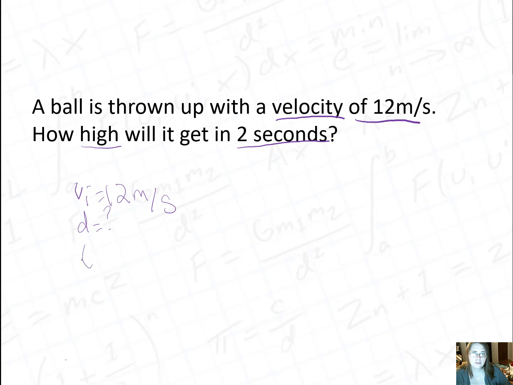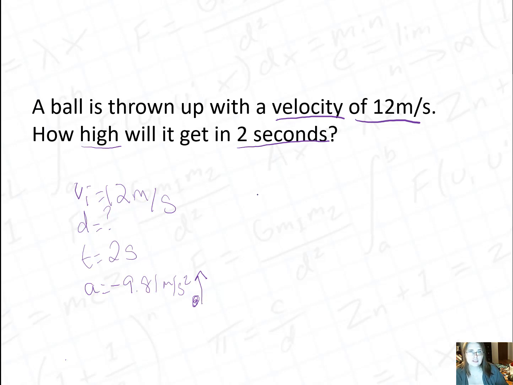So this is going to be a time. So this time the ball is being thrown up. We want to know how high it's going to get in 2 seconds. So the thing that's acting on this ball is gravity. So the acceleration is a negative 9.81 meters per second squared. So then now it really matters to have that negative sign. That's what this problem is for, is to show you the importance of the negative.